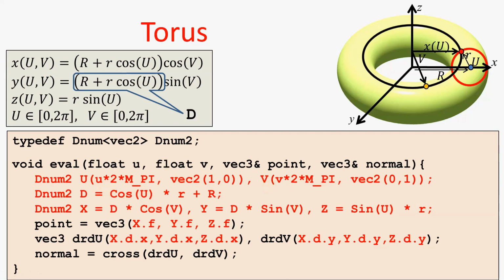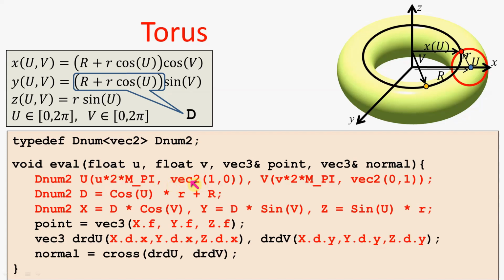The derivatives will also be needed, so these parameters will be dual numbers with two derivative values. When u is initialized, its value is u times 2 pi and it has two derivatives. The first derivative of u with respect to the first derivation variable, which is u, is 1.